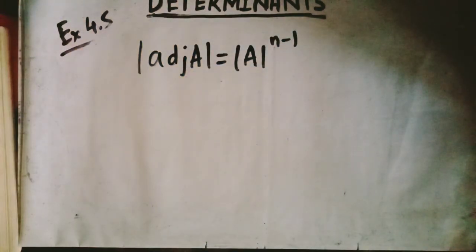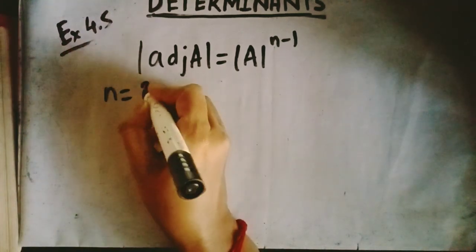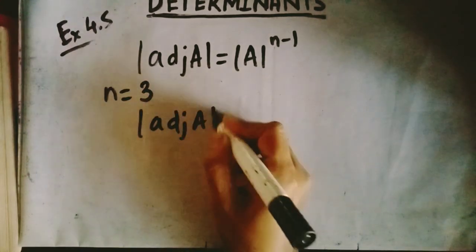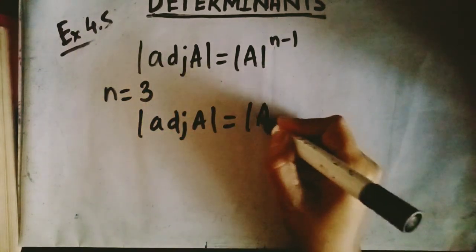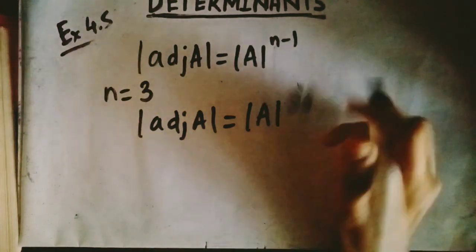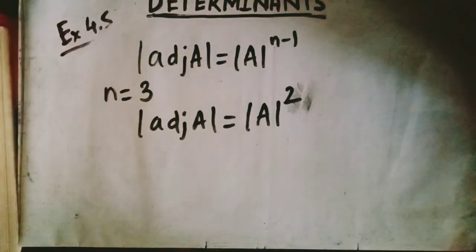Now they have given a square matrix of order 3 by 3, so n is 3. So it is determinant of A to the power 3 minus 1, which is 2. So the answer is B.